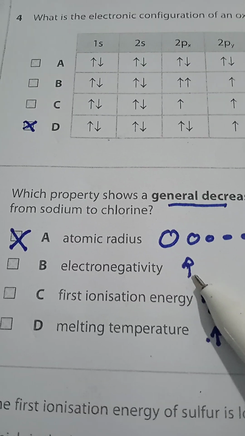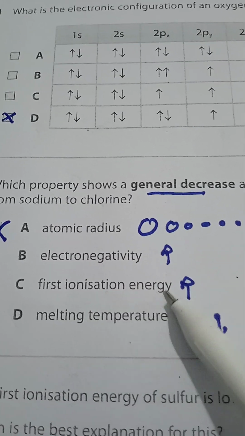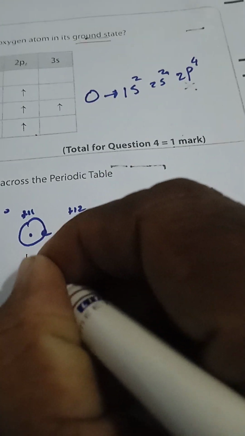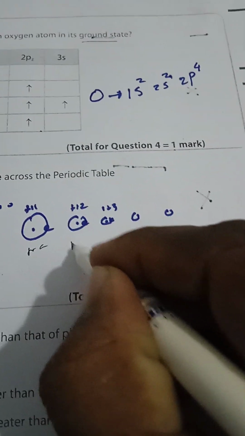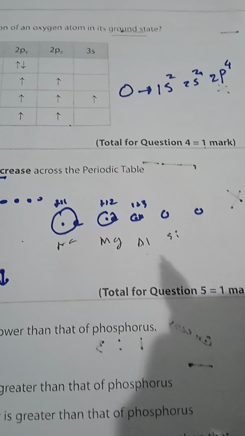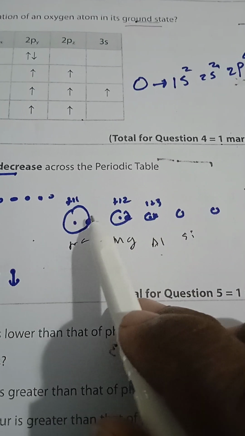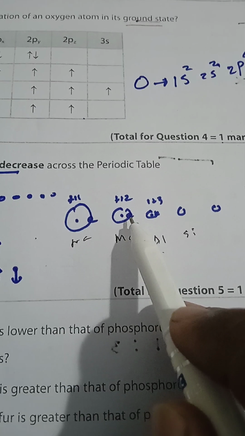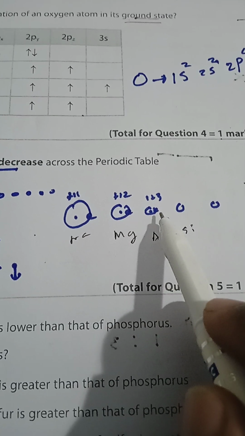The next one, what happened to the first ionization energy? Imagine this is sodium, and this is magnesium, aluminium, silicon, like that across the period. Sodium's atomic radius is high, magnesium's is less, aluminium's very less.